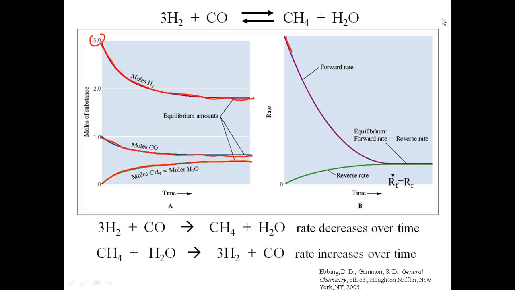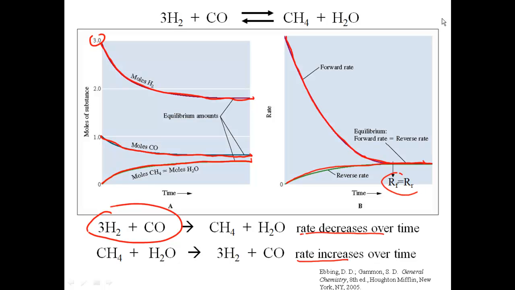The forward rate of this reaction is decreasing over time. So 3 moles of H2 plus 1 mole of CO, over time that rate will decrease. On the other side, I have methane and water producing H2 and CO. Since this is a reverse reaction, this rate is increasing over time until that rate levels off.